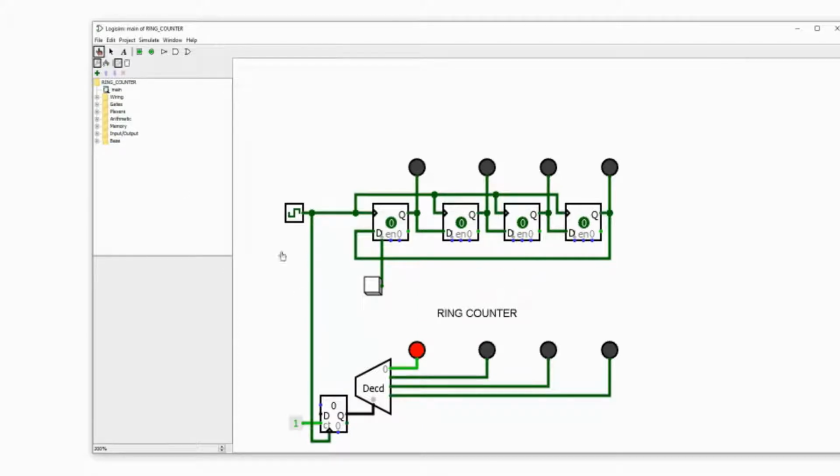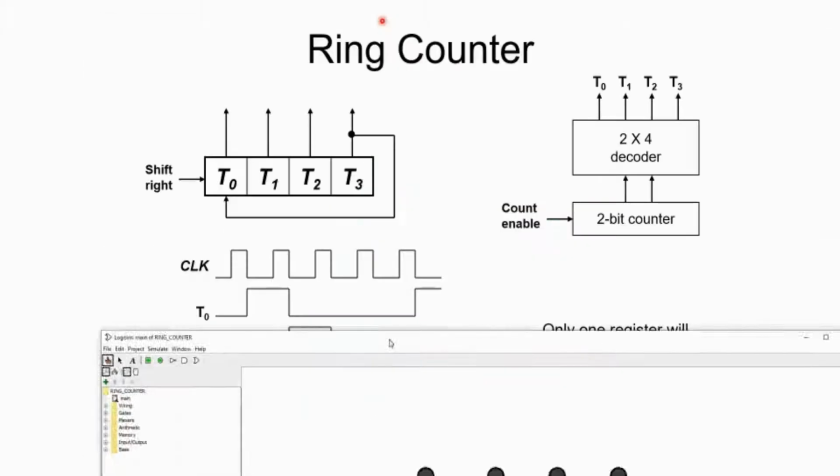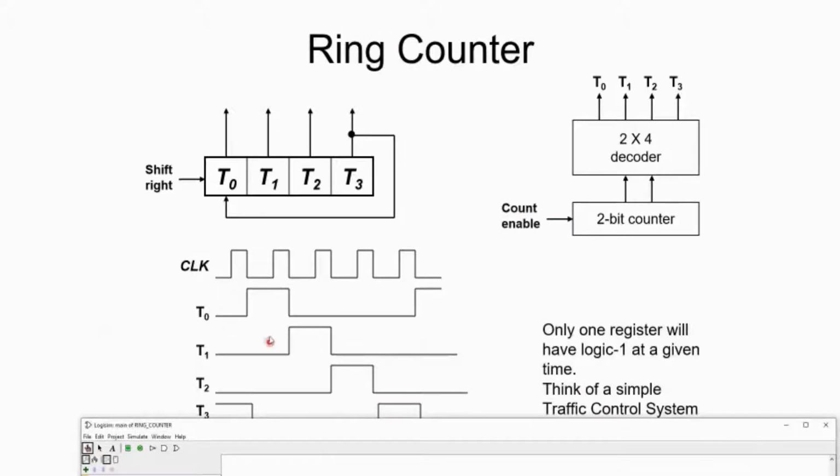So how it operates, I have talked about that. In a ring counter, one of the important things is that at a given time, only one of the flip-flop outputs or register outputs would be 1. So it may be T0 is 1 and the rest of them will be 0. Or it may be T2 equals 1 and the rest of them will be 0.